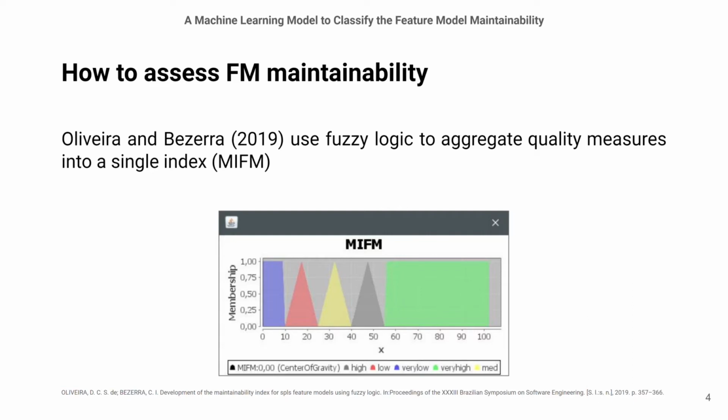In a work by Oliveira and Bezerra, for example, the authors used fuzzy logic to aggregate several quality measures in order to generate a single quality index for the feature model. This image shows the 5 ranges of the feature model's maintainability index, which are very low, low, medium, high, and very high.